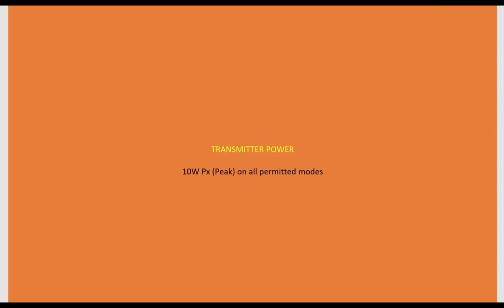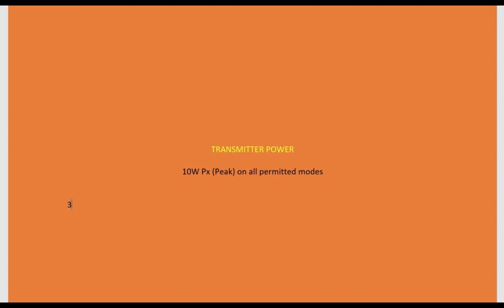The maximum transmitter power for a Foundation licensee is 10 watts peak, irrespective of the mode that you're using. You can do an awful lot of DX work just with 10 watts. It means you have to focus very much on your antenna and the efficiency of your antenna.